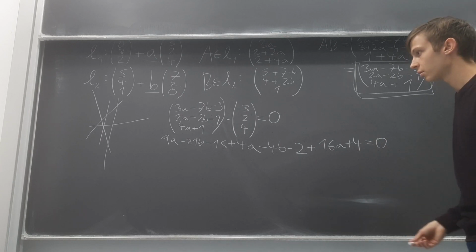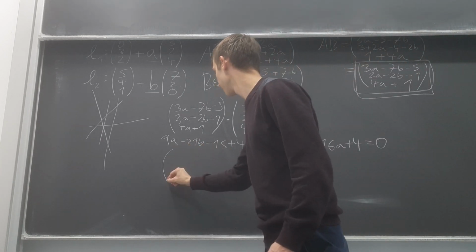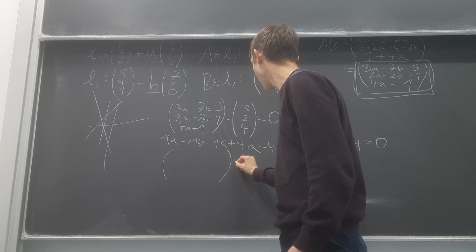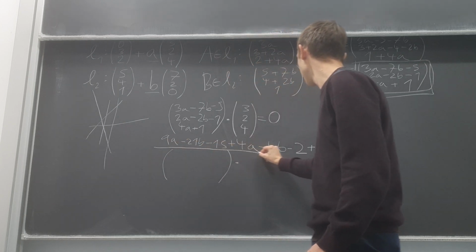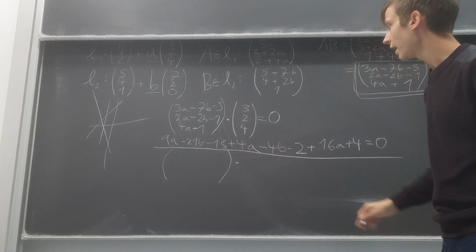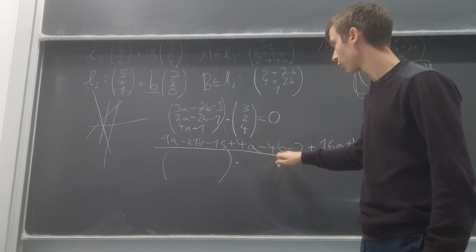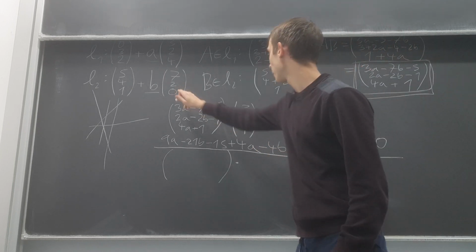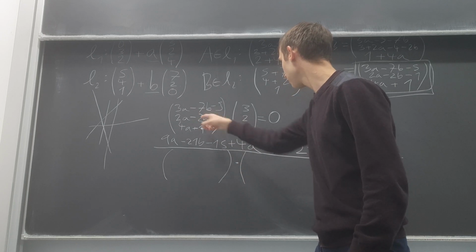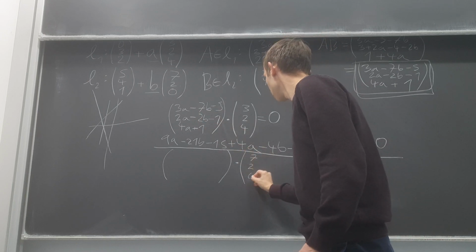And also, we have to do this another time, but with the other vector. So this was for the first vector, and now we do this another time, but for the vector of L2 as well. So we now dot product the same thing, but with 7, 0.